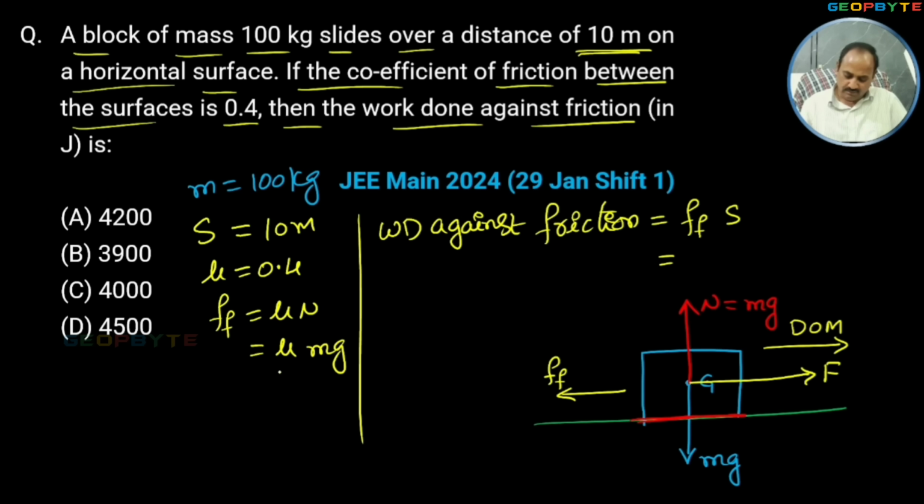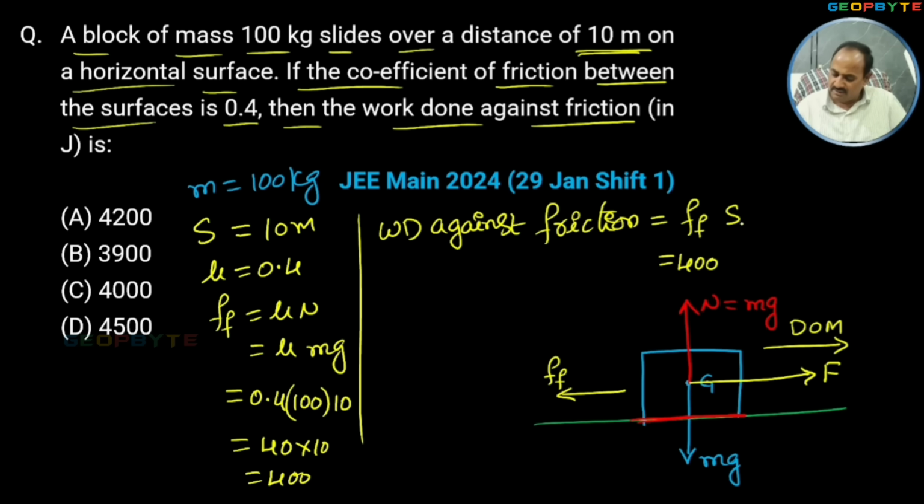Frictional force mu mg. Let me simplify it. Mu value 0.4, m value 100 into g 10. It is 40 into 10 equal to 400. 400 multiplied by the displacement 10 is equal to 4000 newton meter or joule.